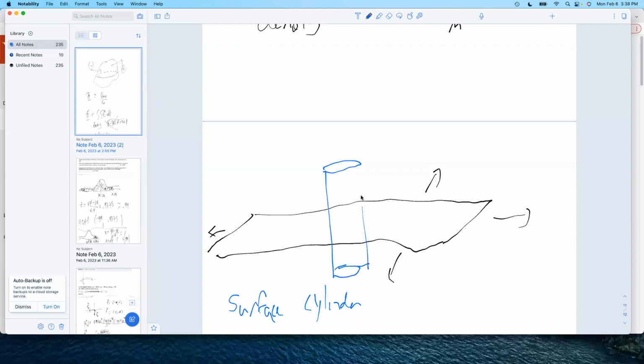It has to have the same kind of symmetry that the plane does. And here's my intersection right there. Maybe I'll make that one red. That's my intersection of the plane and my cylinder.